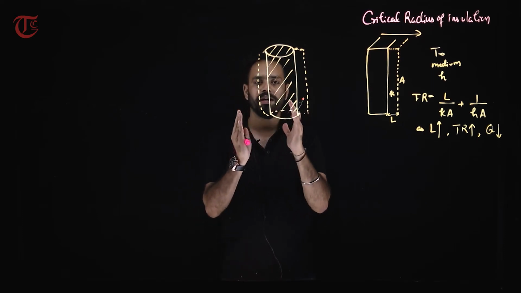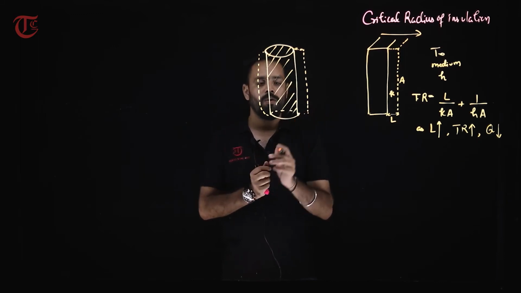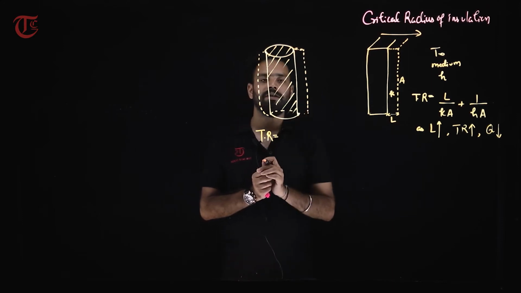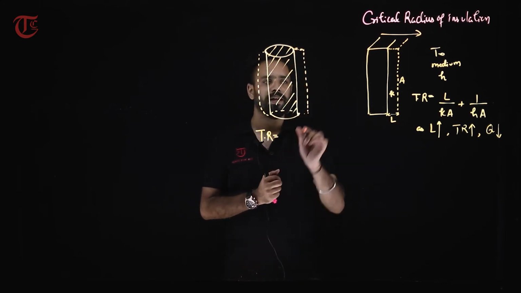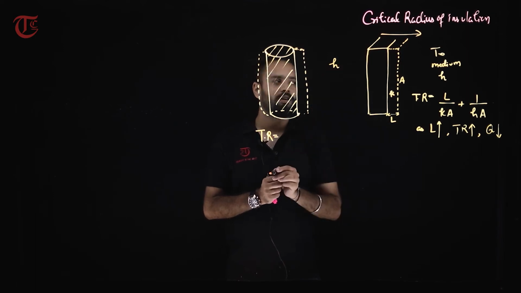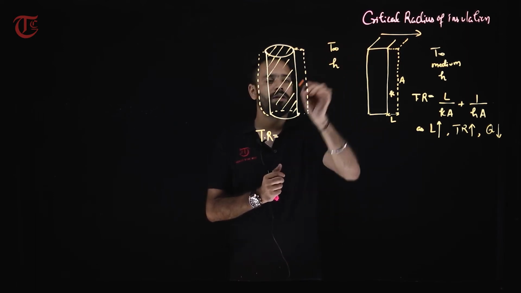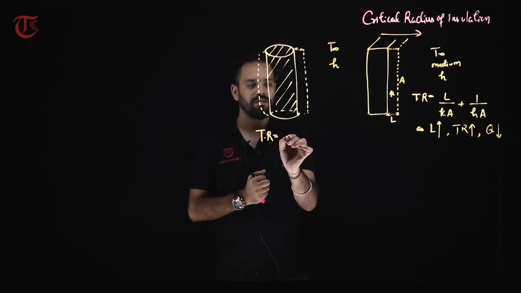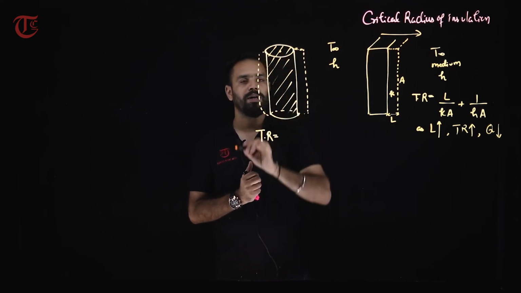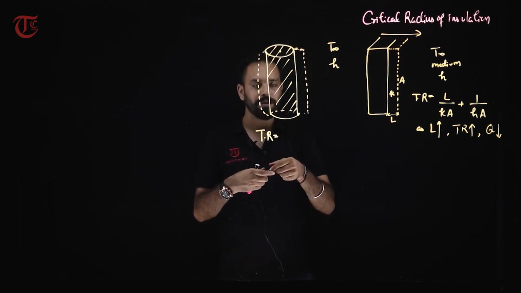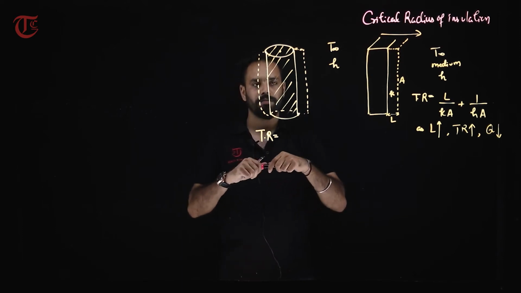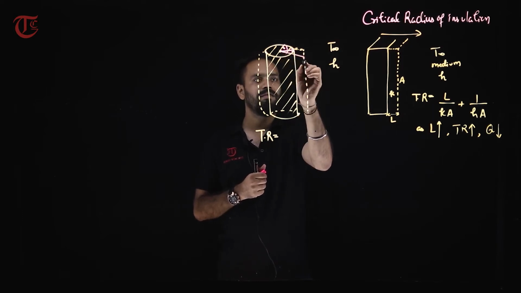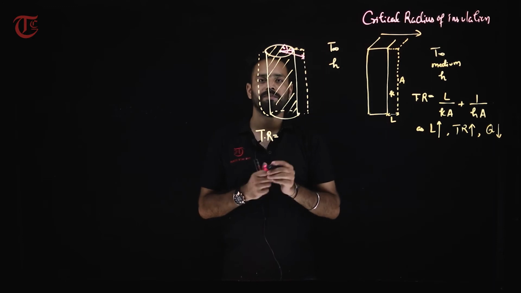As you keep on increasing the insulation, what is the total resistance here? The conduction resistance of the insulation and the convection resistance of the medium. Suppose again the medium is having heat transfer coefficient h and temperature T infinity. I hope you know how to write the conduction resistance. Suppose this is the point, the axis, and from this point to this is R1 and this is R2, but I am not writing R2, I am just writing R. Why?